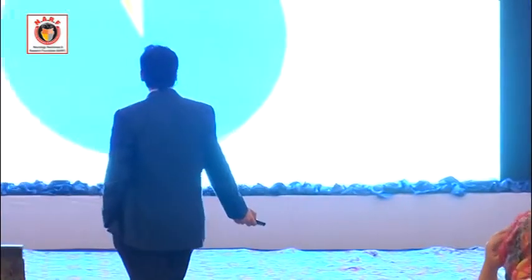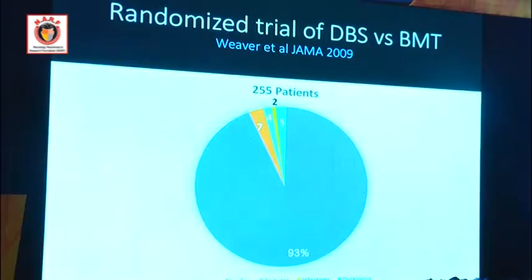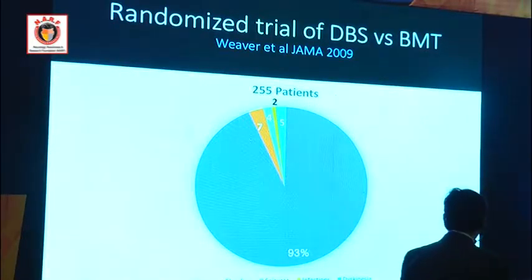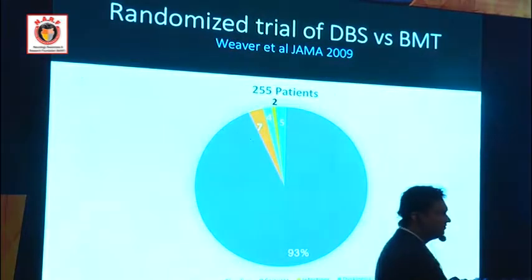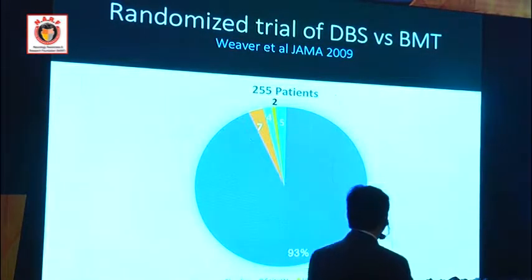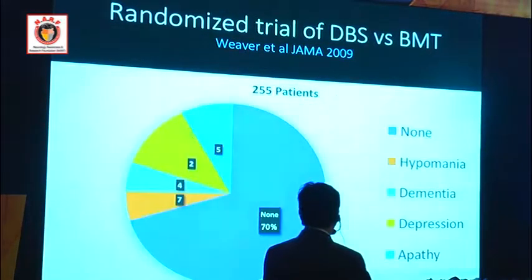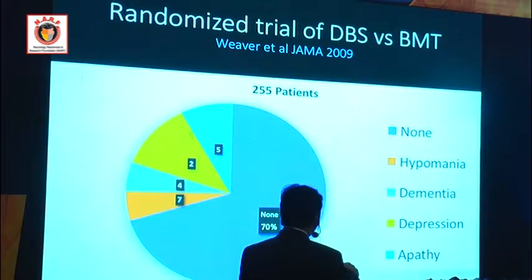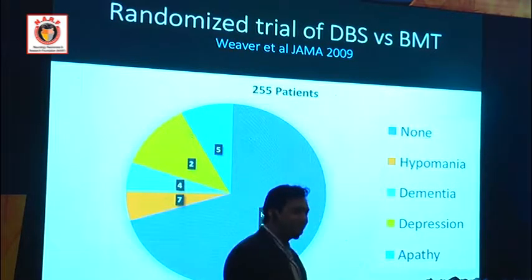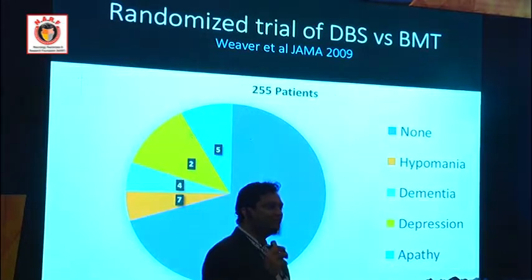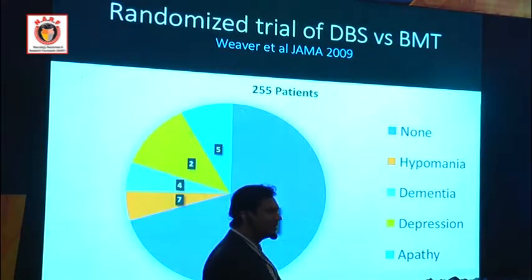And then more importantly to remember, here is the data from the study of 255 patients. 93% were fine and 7% had some complication, including seizures and stroke. But more importantly, remember, there are cognitive side effects from the therapy, and if you do not carefully screen for cognitive problems, the risk of cognitive side effects is much higher.